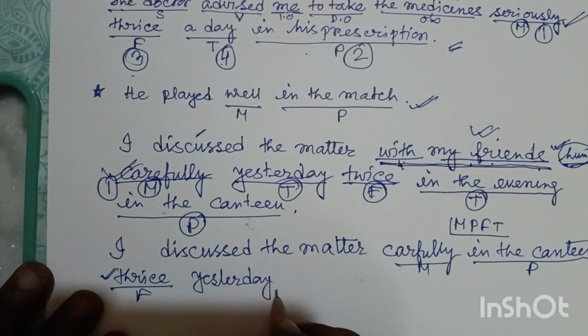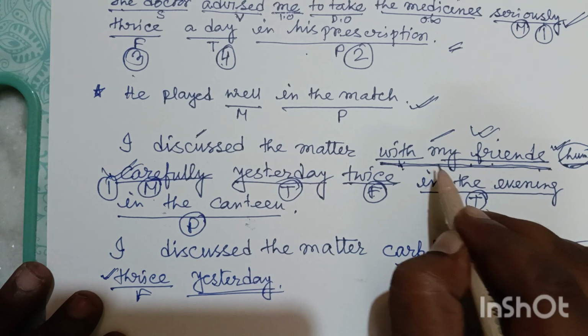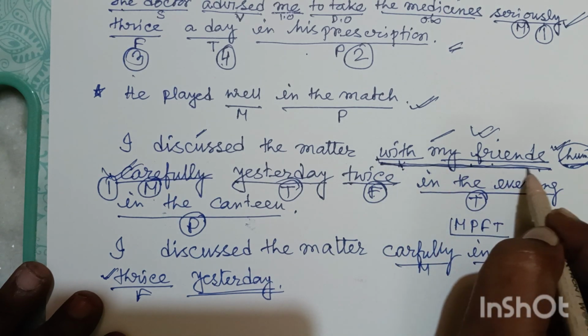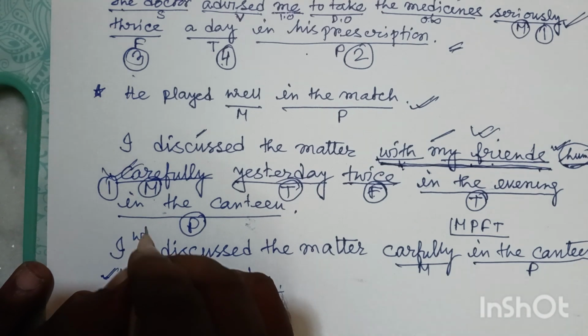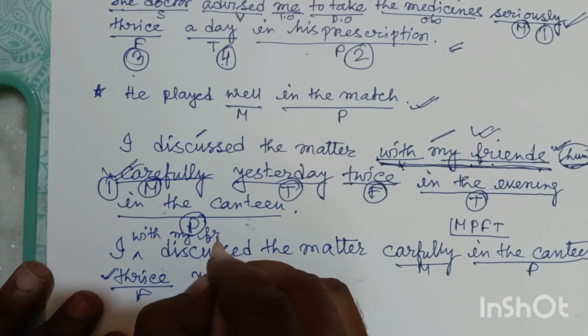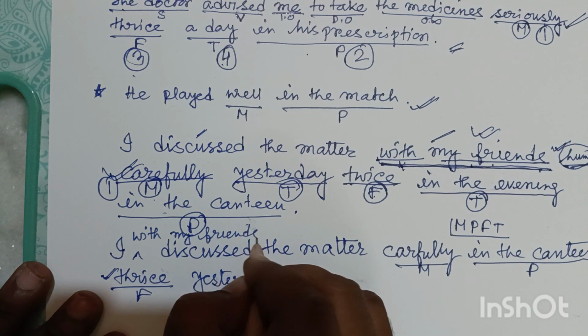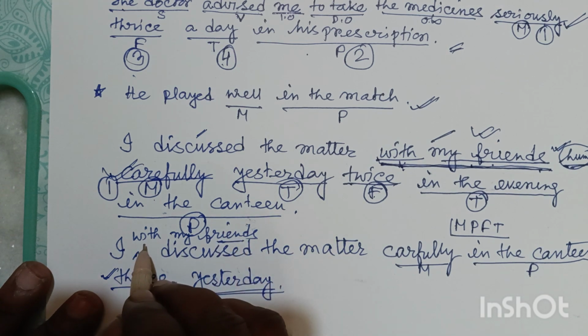Friends, in adverbs the sequence is done, but this is actually a part of the subject. So the best place to settle this phrase is here: I with my friends. Friends, actually, friends is the object of this preposition.